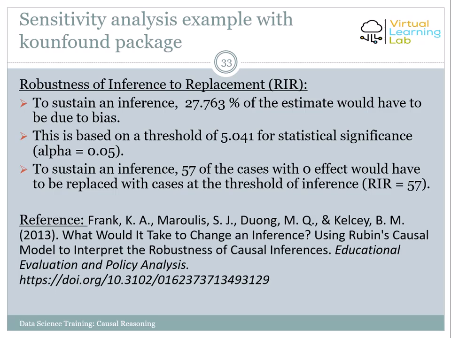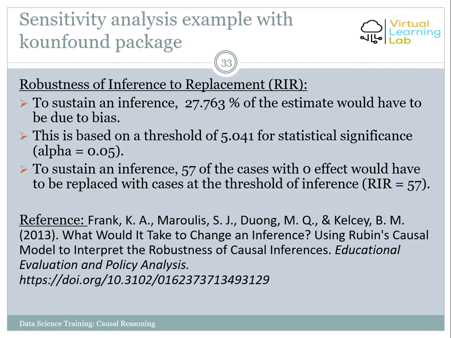Here is an example with konfound. At the top you have the output. So, for example, it's showing that to sustain the inference of that example, which is that there is no significant treatment effect, 27.7% of the estimate would have to be due to bias. So that is a good chunk.